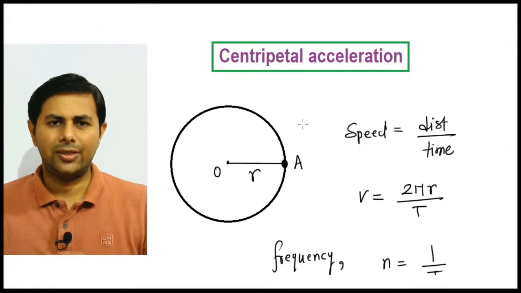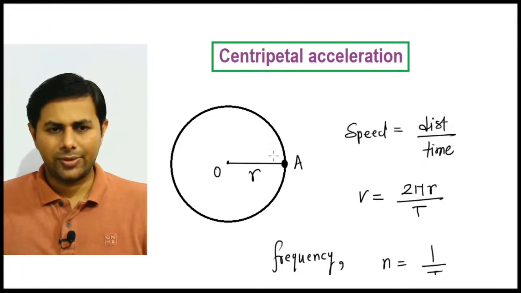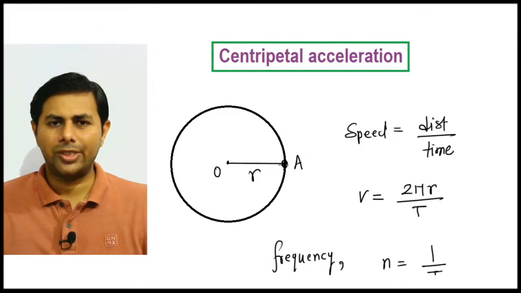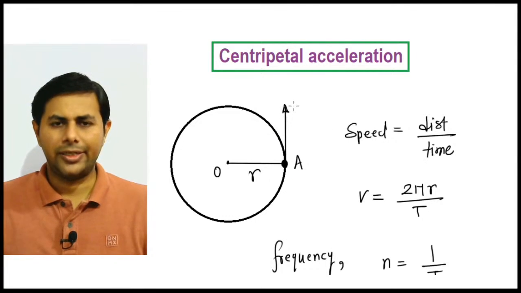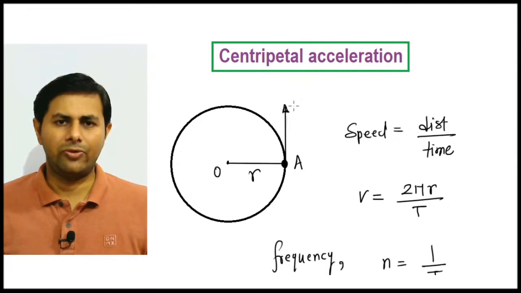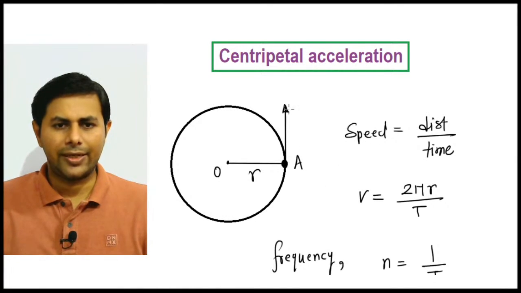If we consider any kind of circular motion, let's suppose circular motion of this object moving along circumference of this circle. At this point the velocity will be along this direction. The instantaneous velocity is always tangential to the circle. So at this point it will be directed along this tangent to the circle.